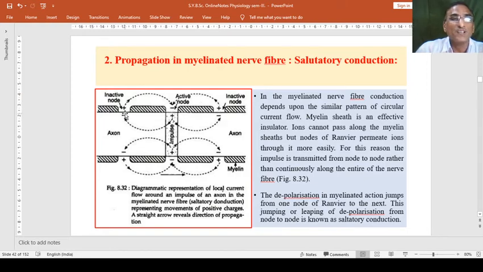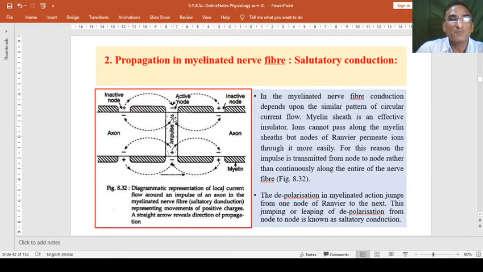Positively charged ions leave and enter, it becomes negatively charged, then again positively charged as they enter inside. In this way, this alternate movement of ions, taking part in depolarization, repolarization and hyperpolarization, is propagated in the myelin sheath.